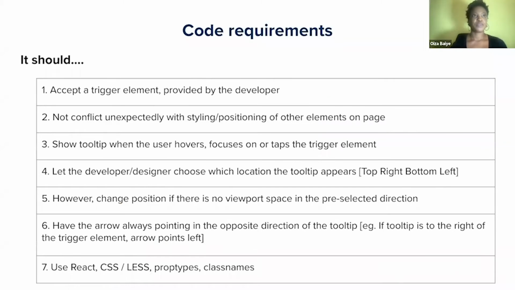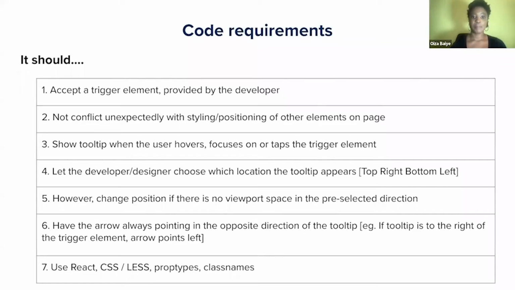So here are some of the requirements that we addressed when building the tooltip. Most of these, excluding the last one, were specified by our designers. There were actually a lot more than this, but I'm focusing on just a few of them to make this talk really brief. So first, the tooltip will accept a trigger element, which could be a button, it could be a div, it could be an image, whatever.